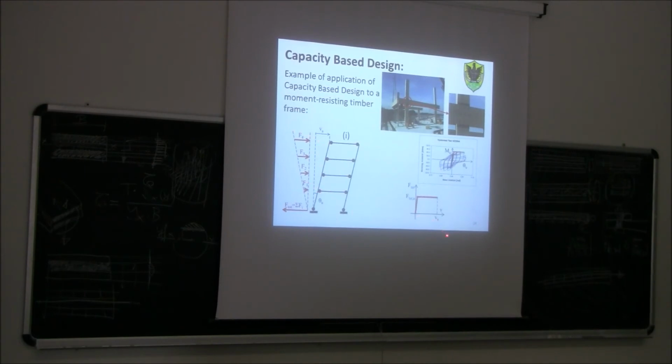Okay? This is not the only plastic mechanism we can have. In fact, we could have another plastic mechanism, which is a partial, or what is called a storey mechanism. So we may have a plasticization only, for example, of the column here, on two stories, or let's say also the plasticization only of two of the joints.